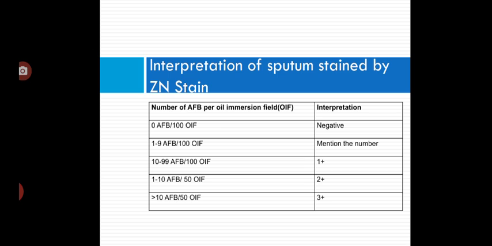Atypical mycobacteria are mycobacteria which do not cause tuberculosis or leprosy, but do cause pulmonary diseases that resemble tuberculosis.